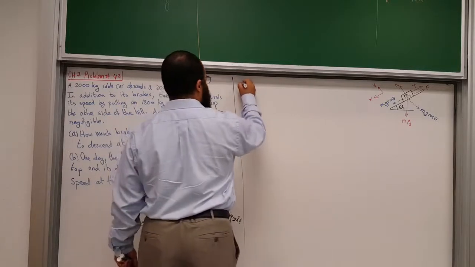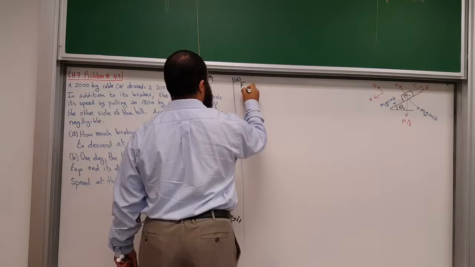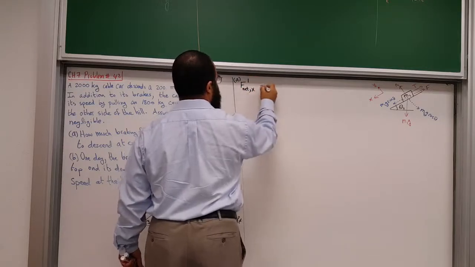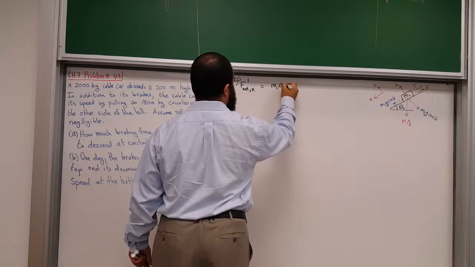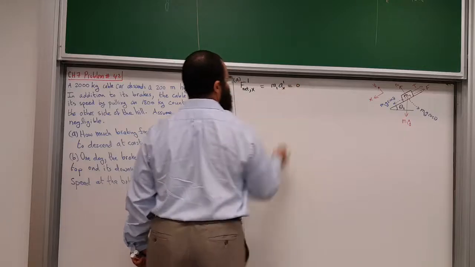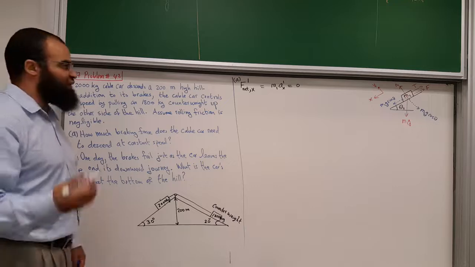So we say that the net force, this is part A, the net force in the x direction on mass 1 will equal mass 1 times the acceleration of mass 1 in the x direction. But it's equal to 0. They say it's not accelerating. It's moving at constant speed in a straight line. That's constant velocity.